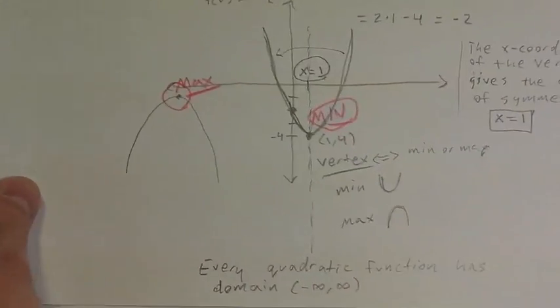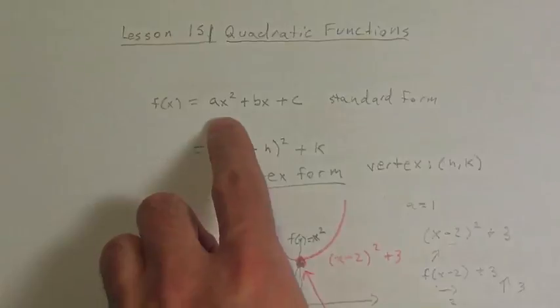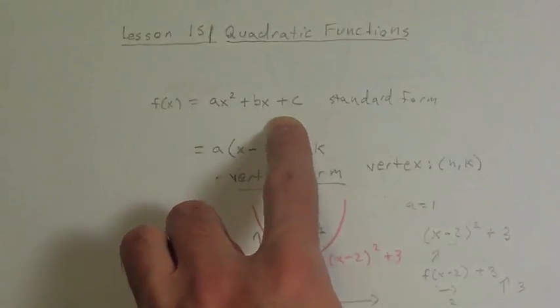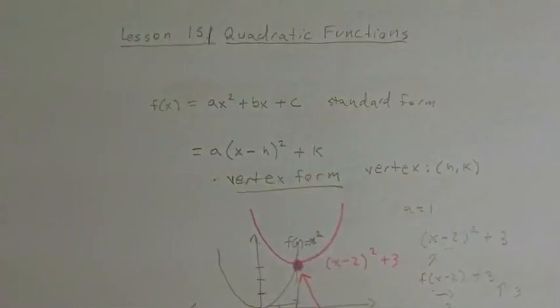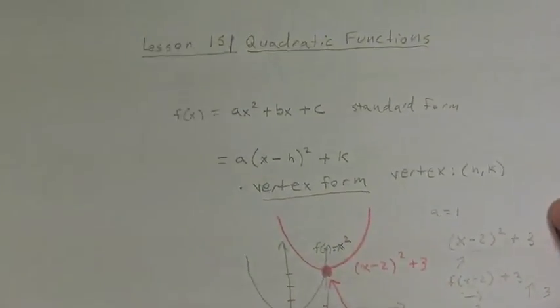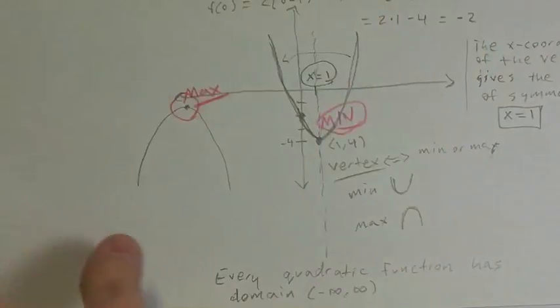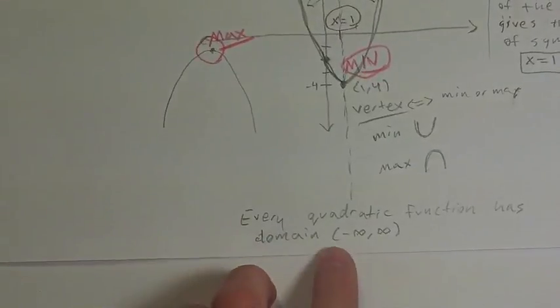Because if you think about it, our original version of a quadratic, if I go back to my first page, is ax squared plus bx plus c. There's nothing there that will mess up x. We're not dividing by x. We don't have x's in the denominator. We don't have x's underneath the square root. All we have are nice powers and sums of x. So there's nothing that's going to mess things up, meaning that the domain of every quadratic is going to be negative infinity to infinity.